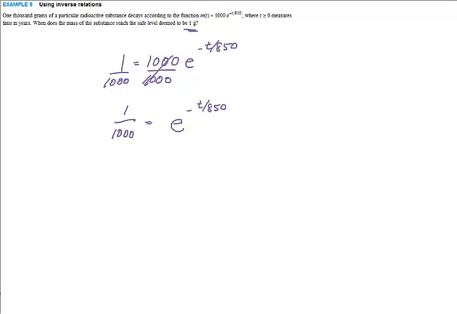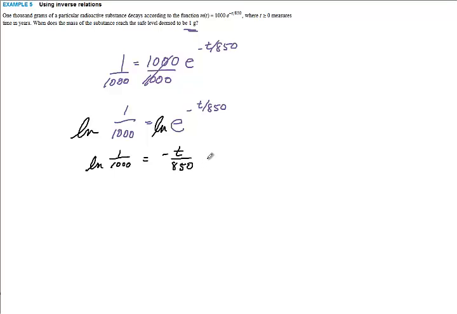Next, I'm going to use my log properties because this t is sitting up here in this exponent and I need him out of there. So I'll take the natural log of both sides. The left hand side looks ugly, but it's really just a number, the natural log of 1 over 1,000, and I can punch that on a calculator. On the right, I can use the log property that the natural log of e to the whatever power will just be negative t over 850.